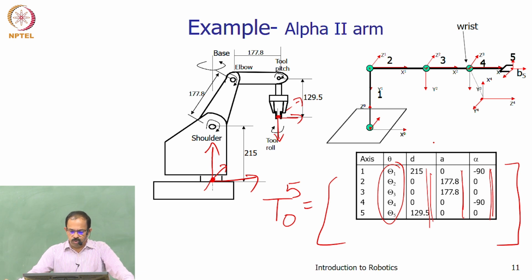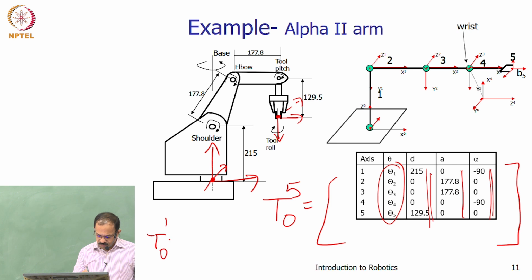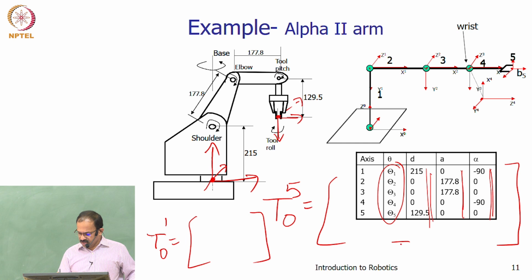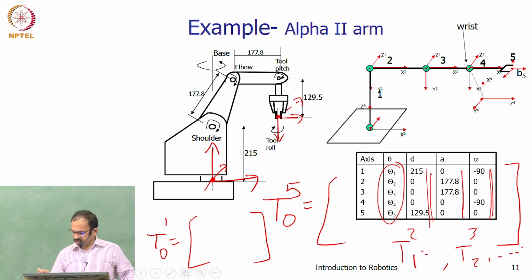T50 can be obtained by first finding T10, and then T21, T32, etc.